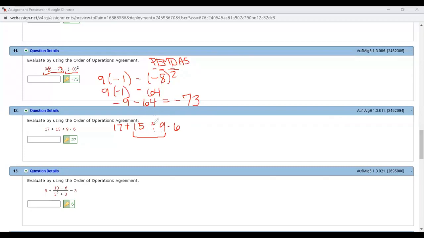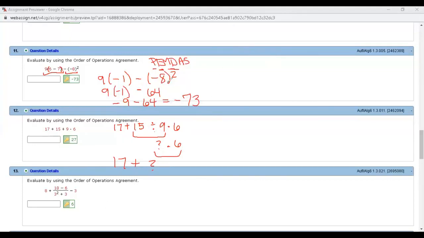Then after we do 15 divided by 9, we take that answer and multiply it by 6. Okay? Then when we get that answer, that's when we do the 17 plus that answer. Okay? So make sure that you guys are following PEMDAS.